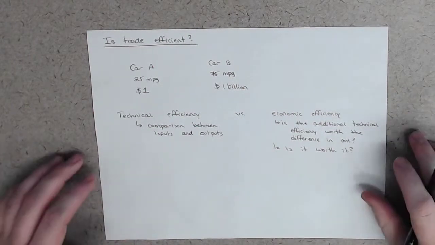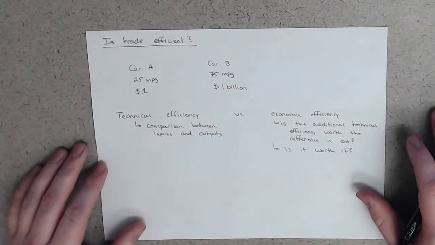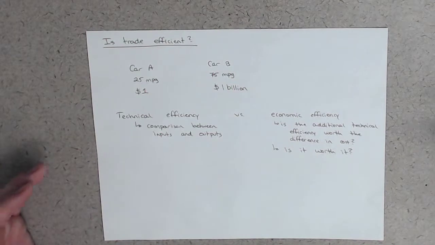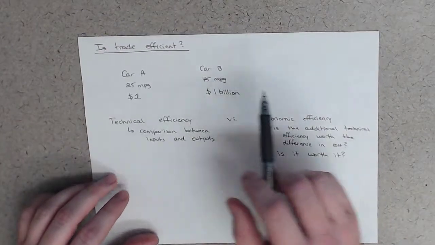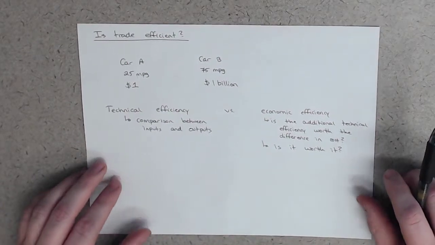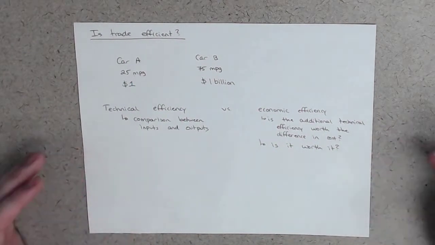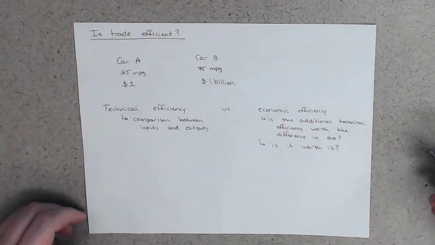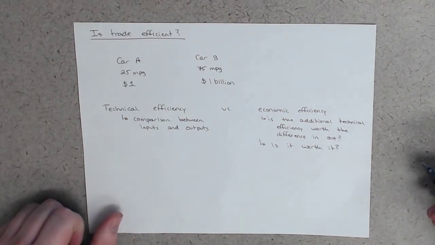So you might say, if your value for not putting CO2 gas out in the atmosphere is sufficiently low, right, you would say that yes, car B gets better fuel economy, and yes, it puts less carbon dioxide in the air, but that's not a big deal to me, and so I am going to go with car A because it's more economically efficient, right?